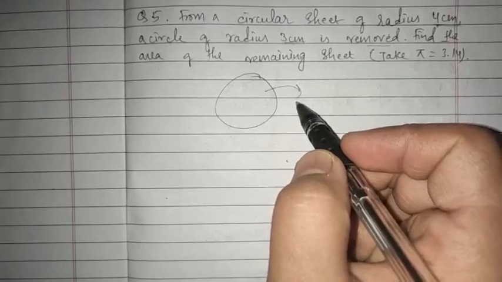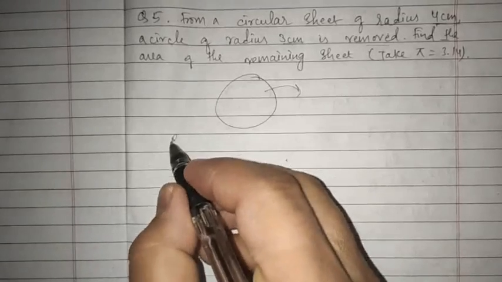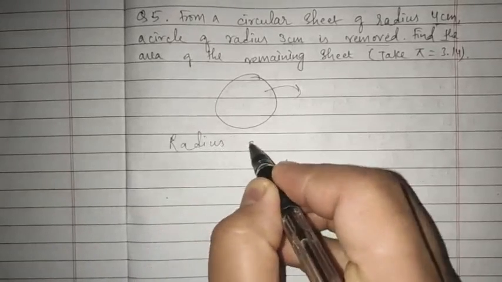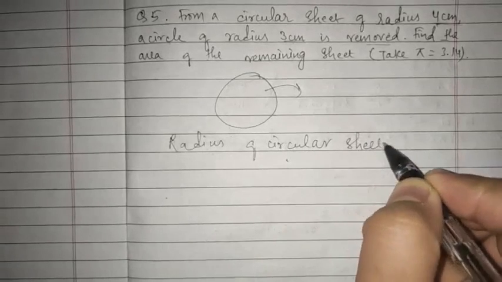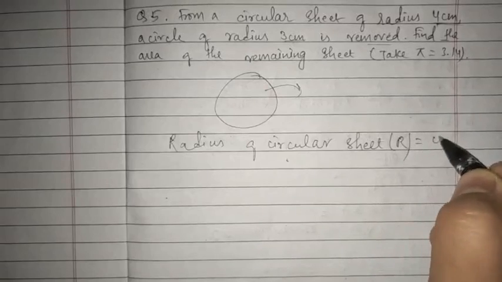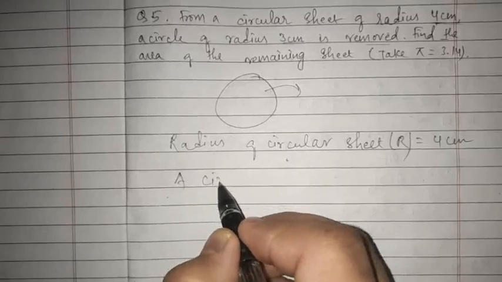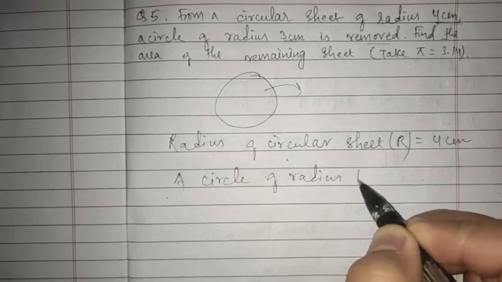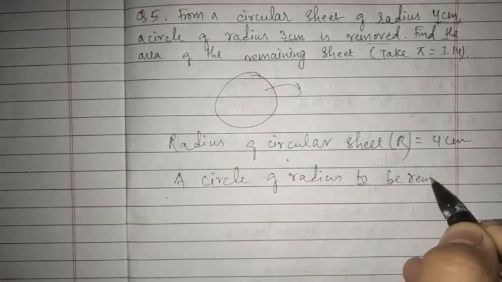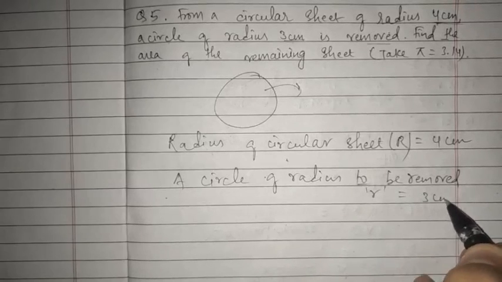So what you have to do here is, first of all, we will list out. The radius of the circular sheet, let us write this as r, is equal to 4 centimeter. The circle of radius to be removed, what radius is removed? r2 is equal to 3 centimeter.